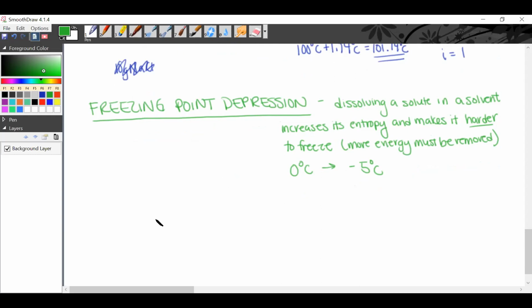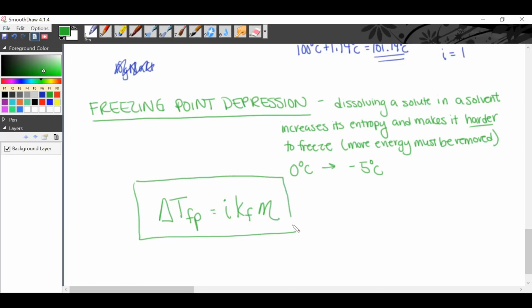And the good news is the equation is the same. Delta T of our freezing point is equal to i Kf times molality. I just made up that it would drop to -5. I didn't calculate it. Everything is the same except for your Kf.